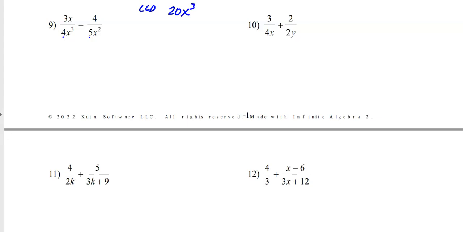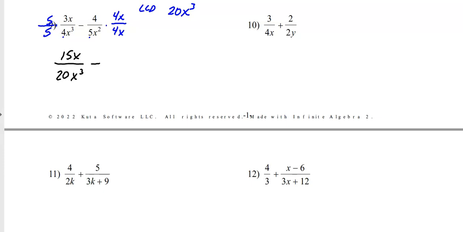So now I'm like, how can I get 20x to the third? Well, on this side, I'd have to multiply by a 4x and a 4x. And on the other side, I have to multiply by 5 over 5. So 5 over 5. And that should give me 20x to the third on both bottoms. So I do this out, and I get 15x over 20x to the third.